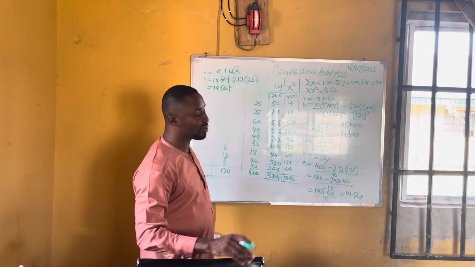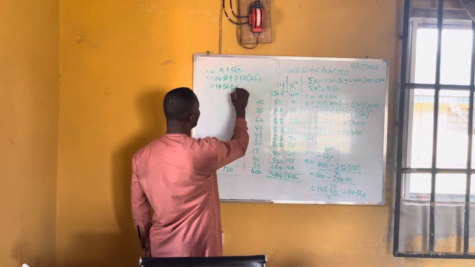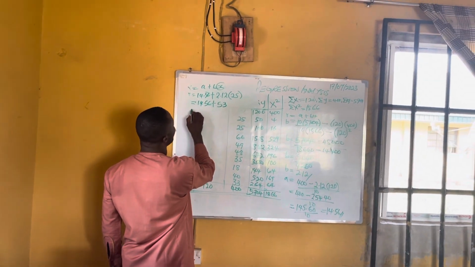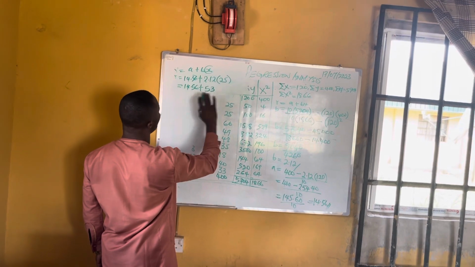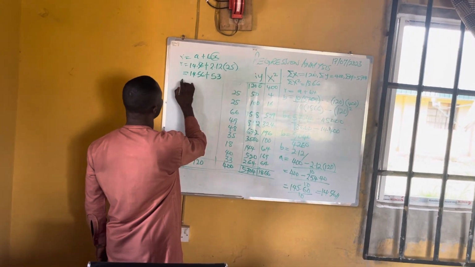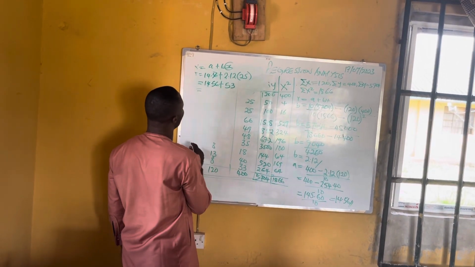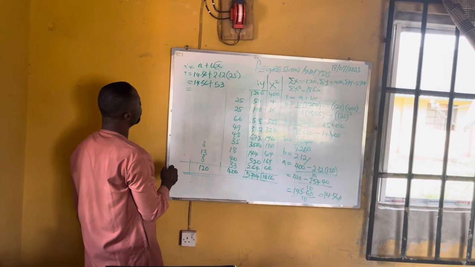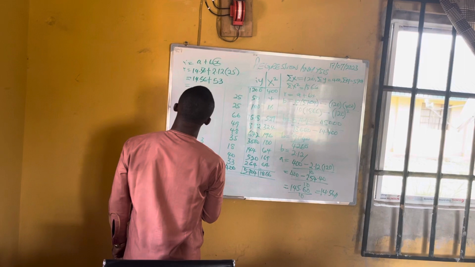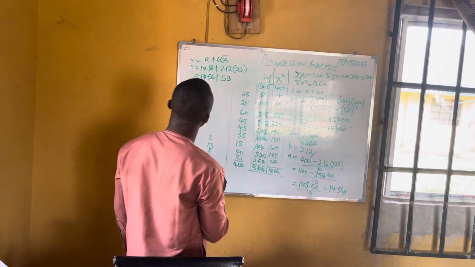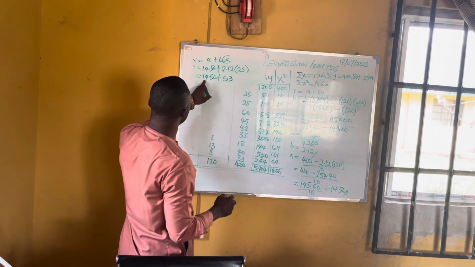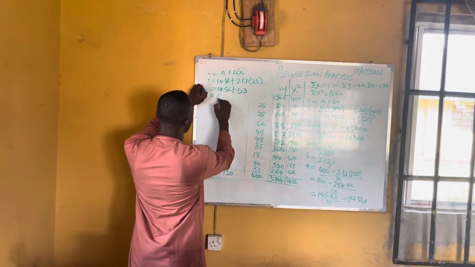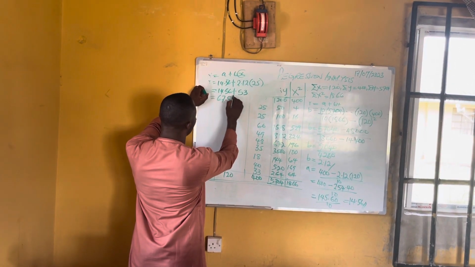2.12 times 25 is 53. Are we there? Just 53. So what you now have, add these two values: 14.56 plus 53 gives 67.56.